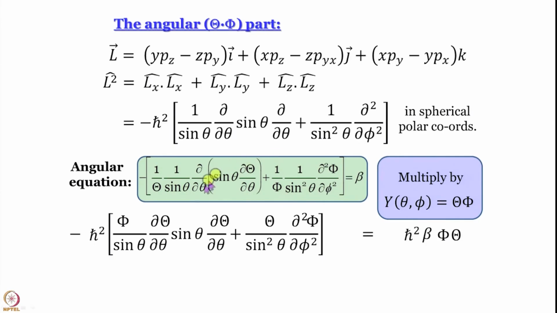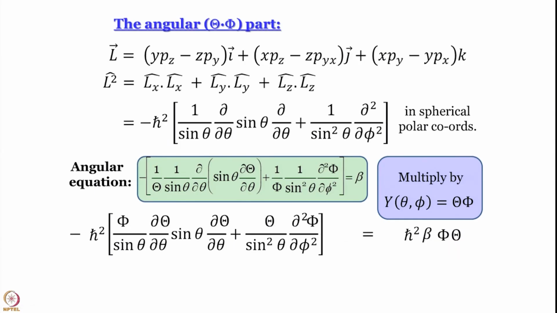So, on the left hand side what we have is minus h cross square capital phi by sin theta del capital theta del theta, sin theta del capital theta plus capital theta by sin square theta multiplied by del 2 capital phi del phi 2, that is equal to h cross square beta capital phi capital theta. Now see, I might as well write it like this.